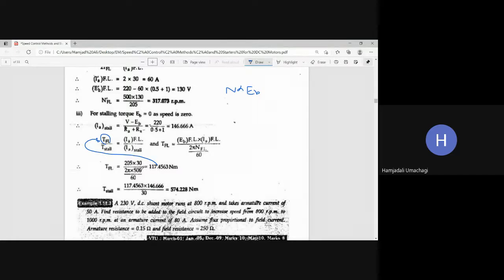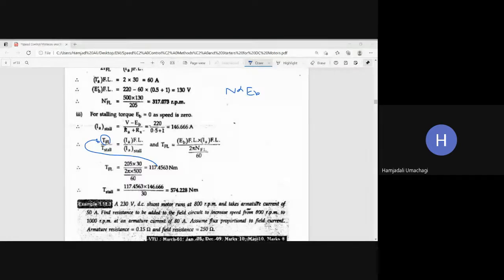So you can see here at the time of starting condition, full load current is 30 ampere, but at the time of starting, armature current is very, very high. This is the concept of the starter, because we are using a starter just to limit the starting current. Starting current means when speed is 0, back EMF is 0, then the current is 146.66, which is a very, very large current value.